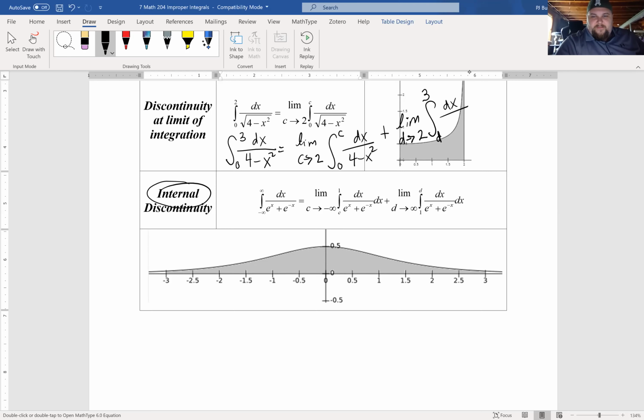And so that's a property of integrals that you should remember, hopefully, right? That I have an integral that runs from 0 to 3. Well, I can break it up at any point between 0 and 3 and make it two separate integrals, and it still should give me the same solution.